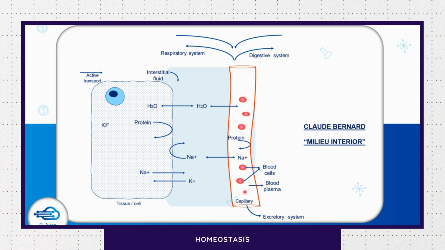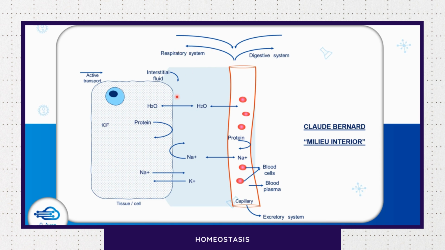Now you see, via these capillaries and blood vessels, the blood is reaching various organs, and the excretory end products are being excreted by another system, that is the excretory system. Then the requirements are taken up by the digestive system. Then again the respiratory system is providing the requirement of oxygen and also excreting carbon dioxide.